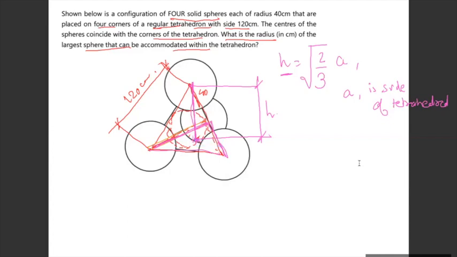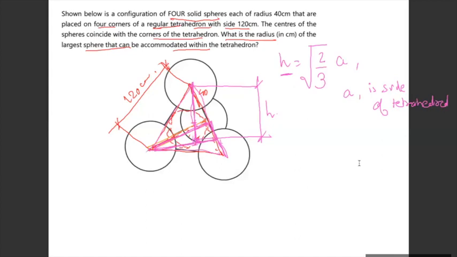Now, why is the height significant for us in this question? Because if I take the centroid of a triangle which is formed inside the tetrahedron, the height becomes a part of the altitude of the triangle.